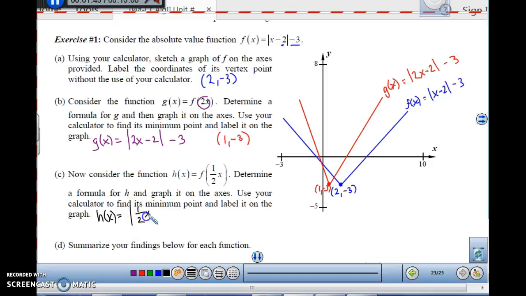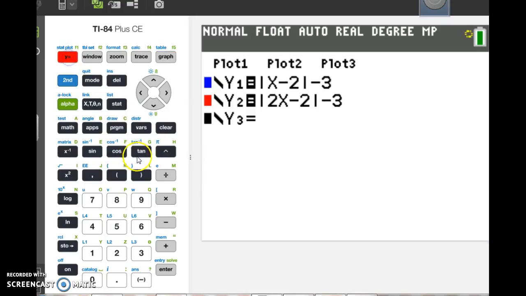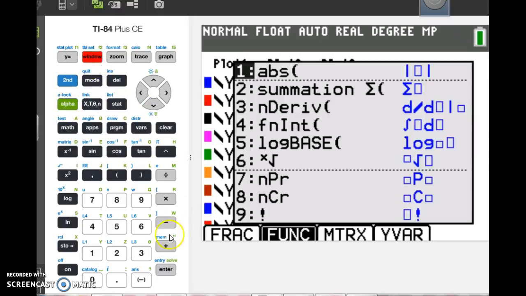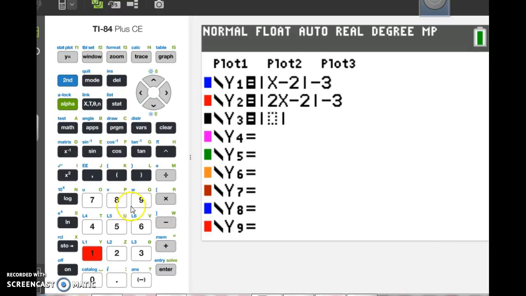So it's the absolute value of 1/2 x minus 2, minus 3. Let's see what happens on this. I'll go down here, absolute value of 1/2 x minus 2 and then minus 3, and graph it.